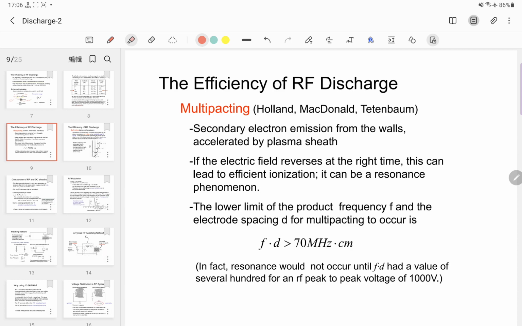Because in the plasma system, there are charged particles like electrons and ions. These charged particles will travel along any direction, and some of them will collide with the chamber wall or the surface of the electrode. This collision can generate secondary electrons from the chamber wall or the electrode surface.